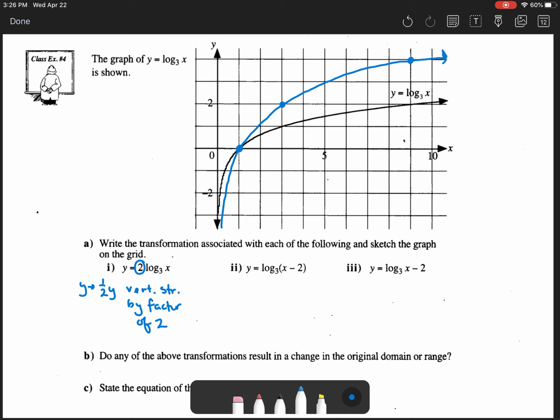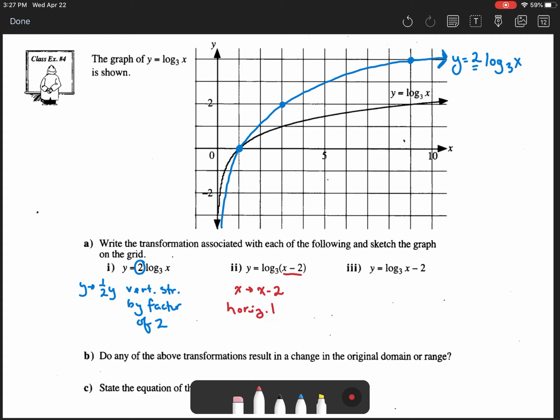That's enough points, and when I come through those points, it is stretched vertically by a factor of 2, same basic shape, but it has to go through those points that I have created by multiplying the y values on the original graph by 2. Then I label it y is equal to 2 log base 3 of x. Vertical stretch by a factor of 2.